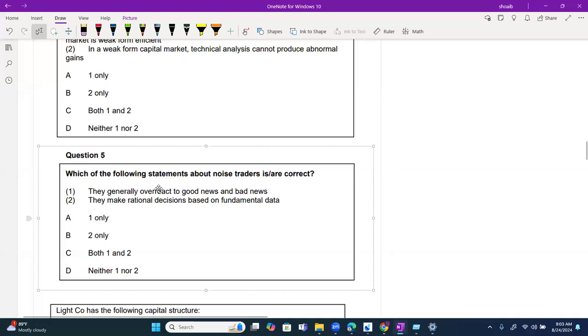Like वो अर्शद नदीम ने मेडल जीता, पूरी कौम ने उसको करोड़ों रुपए देना शुरू कर दिए. गुड न्यूज. पाकिस्तान ने वर्ल्ड कप में बुरा परफॉर्म किया, पूरी कौम ने कहा कि इनको फारिग कर दे, गोली मार दो. So we as a nation are noise trader. We generally overreact to good news and bad news. Impatient behavior, yes. ये ट्रेडर करते हैं. So A is the answer.